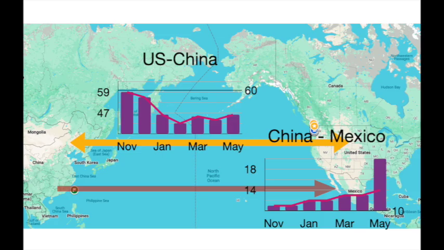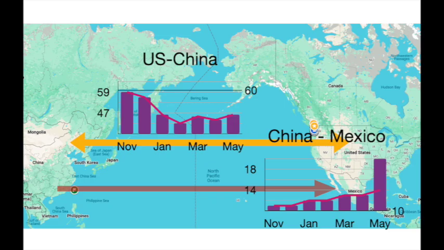That's the issue. So even in that situation, the US-China total trade volume decreased from last year November to this year May. You can see the trend; each bar is the total volume of the bilateral trade.